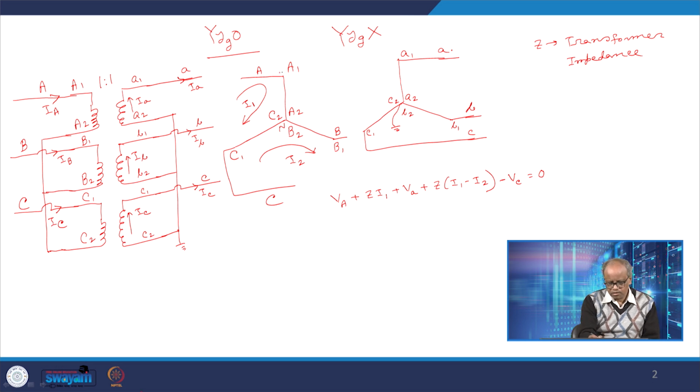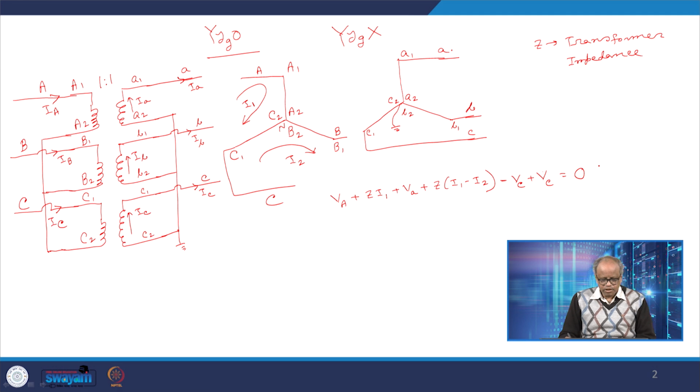So, V A plus Z into I 1, then this drop, then in this loop I am coming Z into I 1 minus I 2, and then here this is minus V C, and then minus V small c plus V capital C is equal to 0, right.